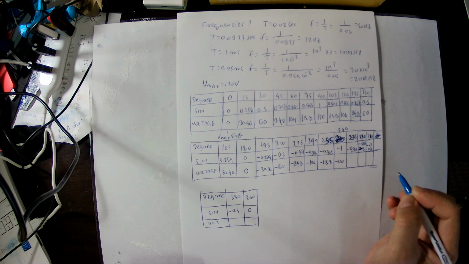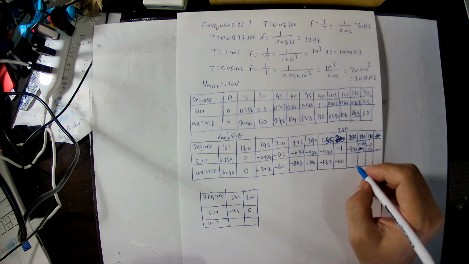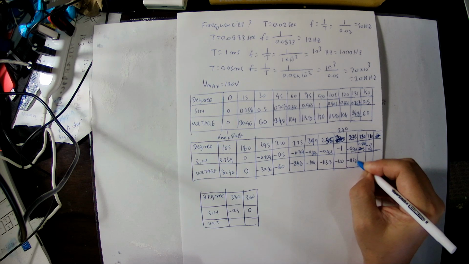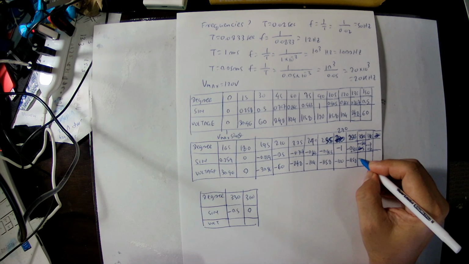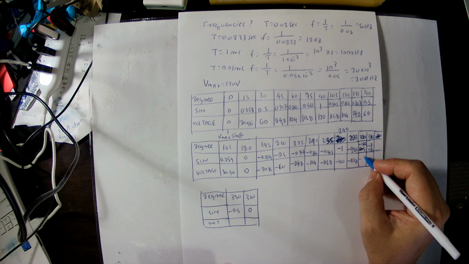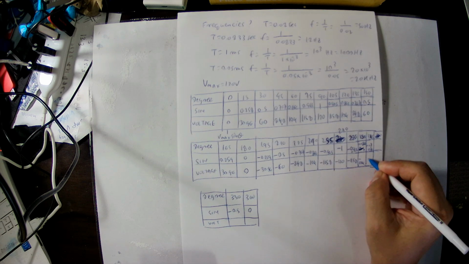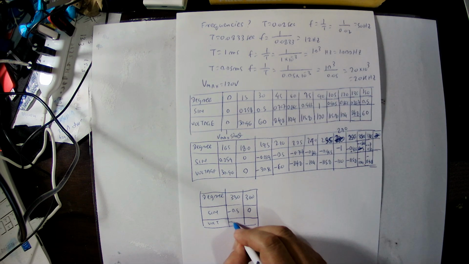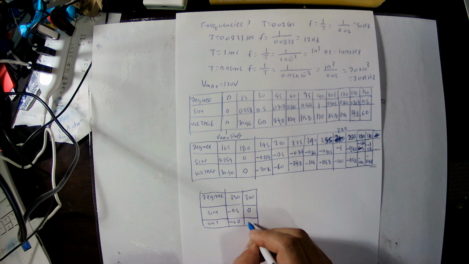Then again negative 115.8, negative 104, negative 84.8, negative 60, and 0.